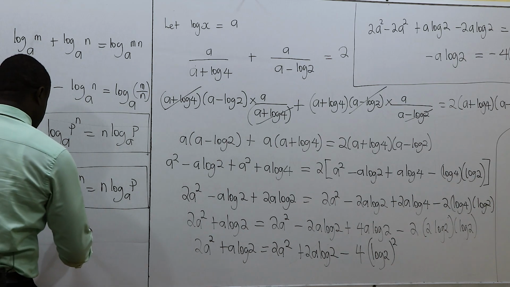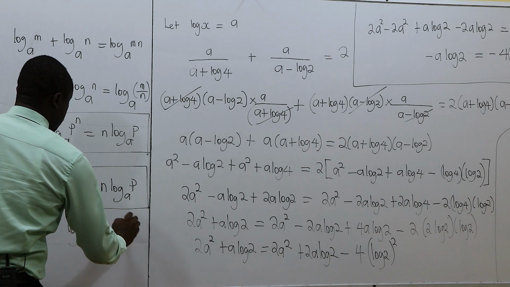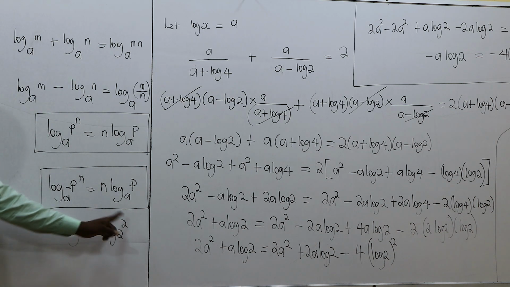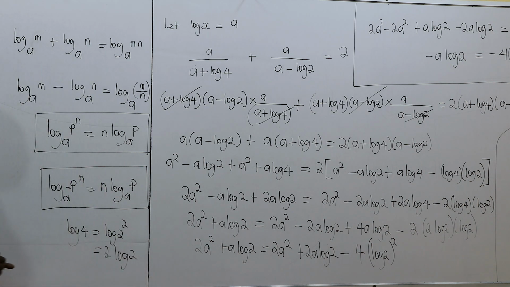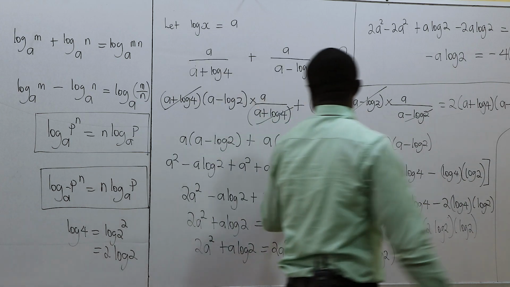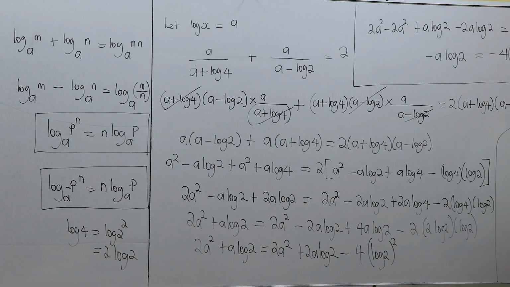Log 4 is the same as log 2 to the power 2, so the 2 comes down and we have 2 log 2. Very important. Over here we change this to 2 to the power 2, so the 2 comes down. And this log 4 over here, we also change to 2 to the power 2. This will give us 4 because 2 times 2a is 4a.